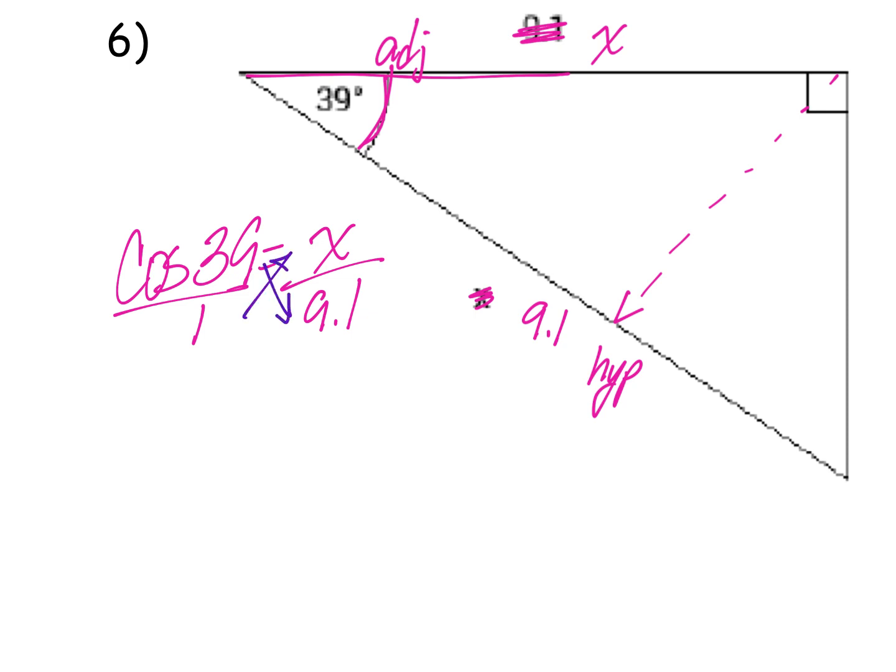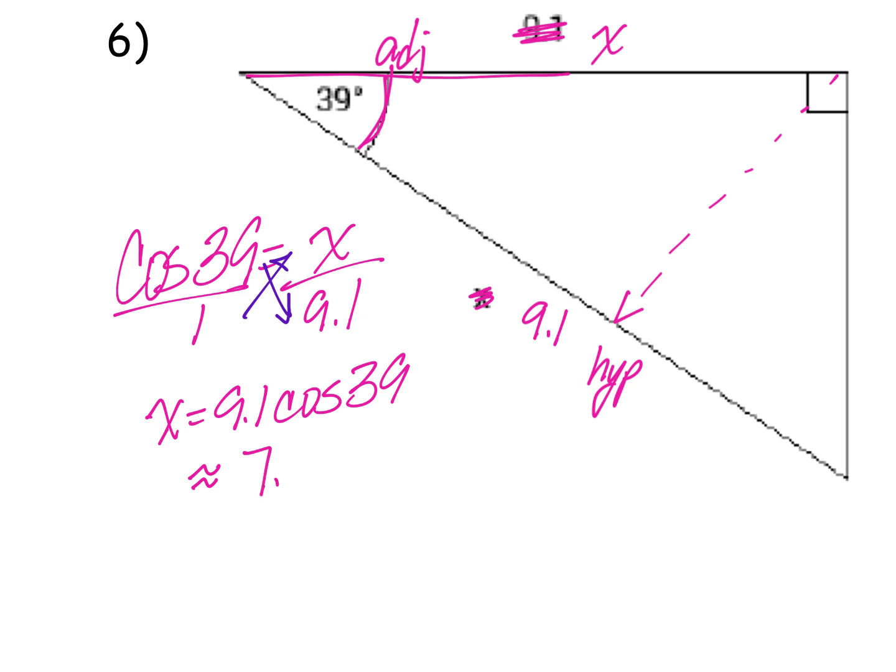Cross multiply, and I get x equals 9.1 times cosine of 39, or x is approximately equal to 9.1 times cosine of 39.